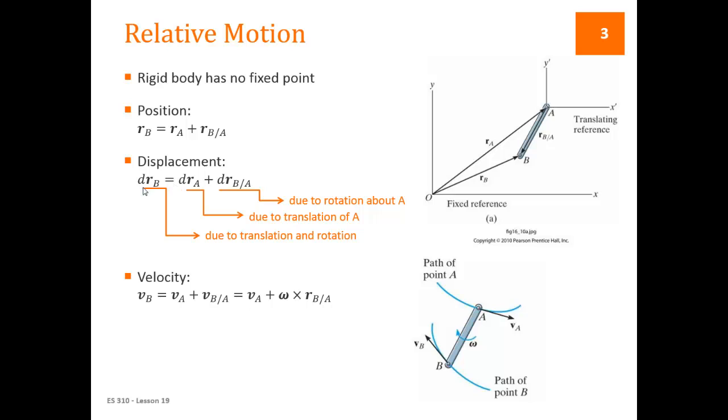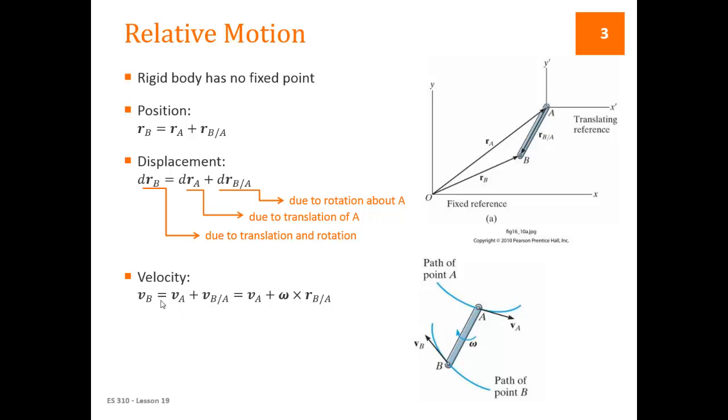The change due to translation and rotation of B is equal to the change due to the translation of A, because A is moving, plus the change of position due to the rotation around A. We pick a point, that point is moving, which gives us dr_A, and the body is rotating around that point, which gives us dr_B with respect to A.